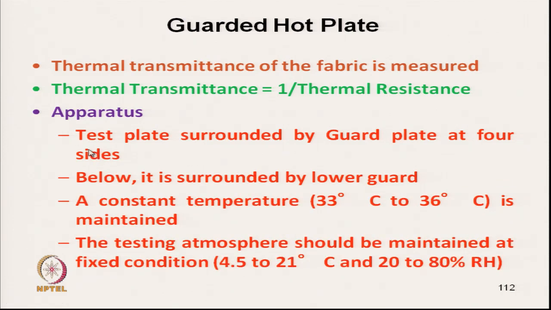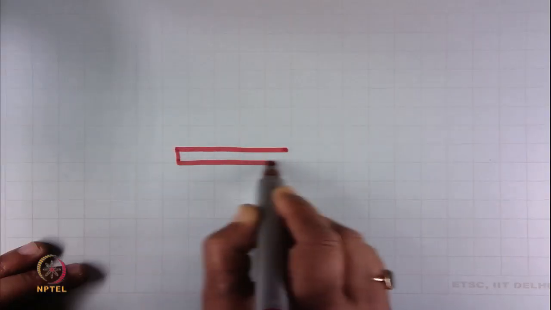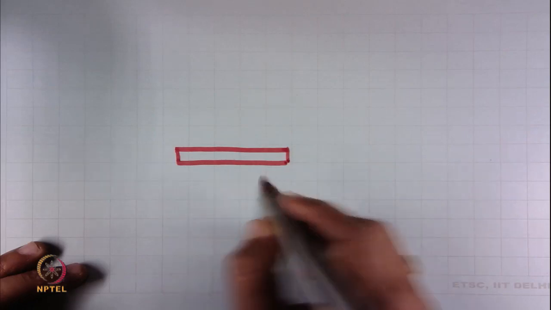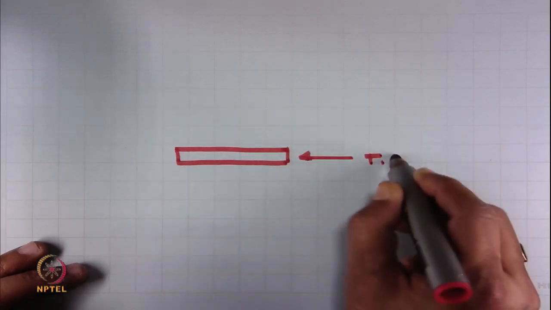In this apparatus, a test plate is surrounded by a guard plate at 4 sides. Now, let us see, suppose this is the test plate.